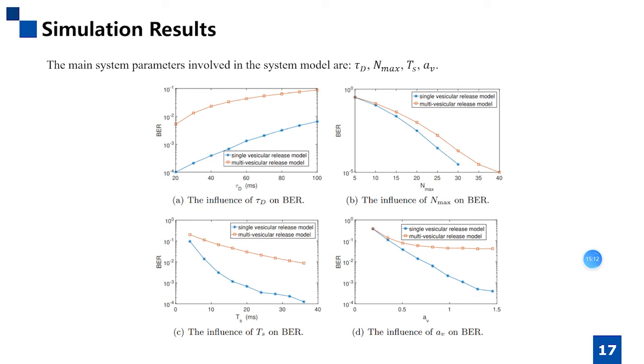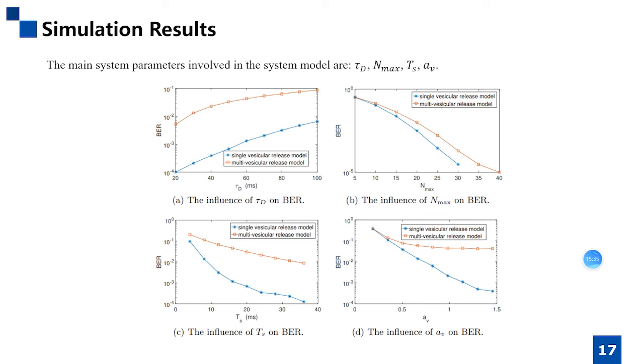It is easy to see that the two models have better BER performance in the system with lower tau, larger N max, smaller Ts, and higher Av. And they all influence the bit error rate by changing PS or PM.